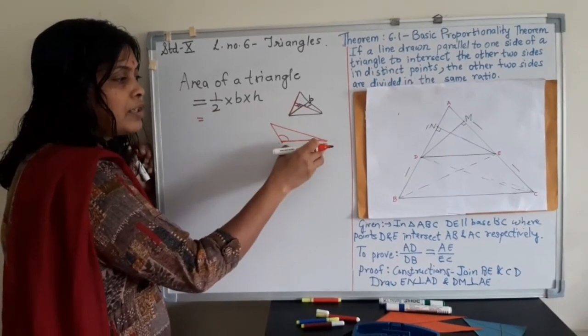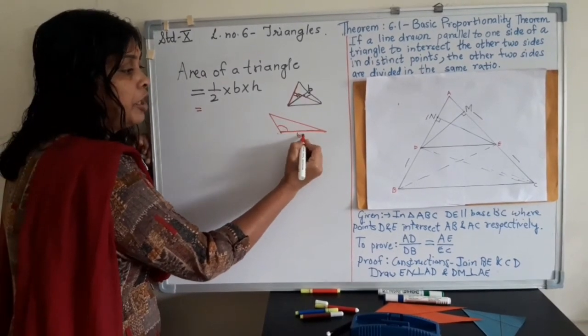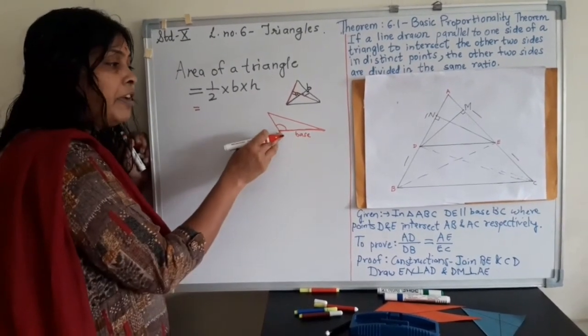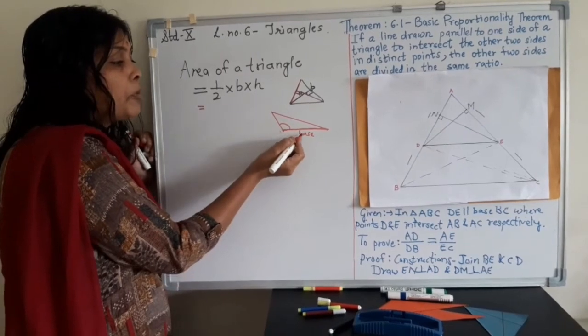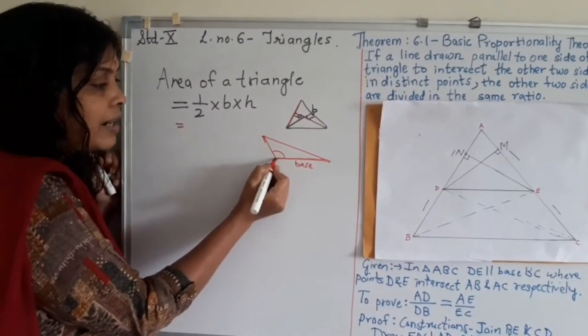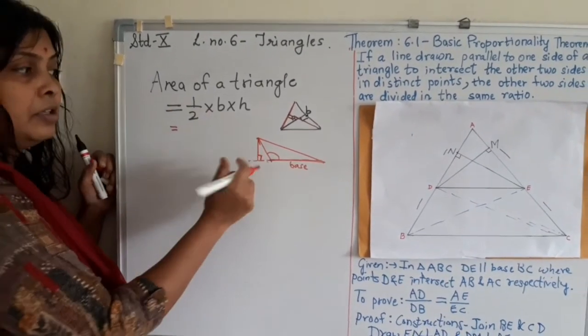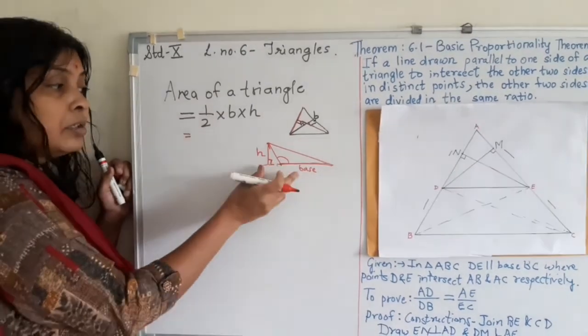Height is always drawn from the opposite vertex of the base, whatever base we take. So we extend this base and then we draw the height. Then this is our height. Understood?